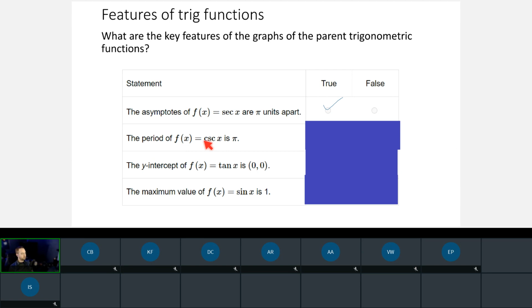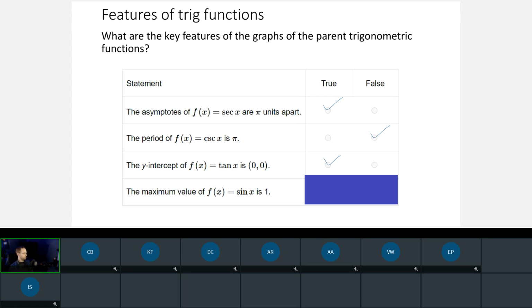Right. The period of cosecant of x is pi. Is that true or false? It is false. All right. Third one. The y-intercept of tan of x is 0, 0. True or false? That is true. Yep.